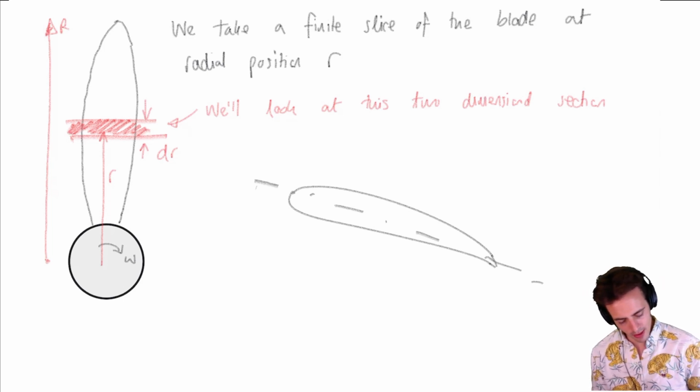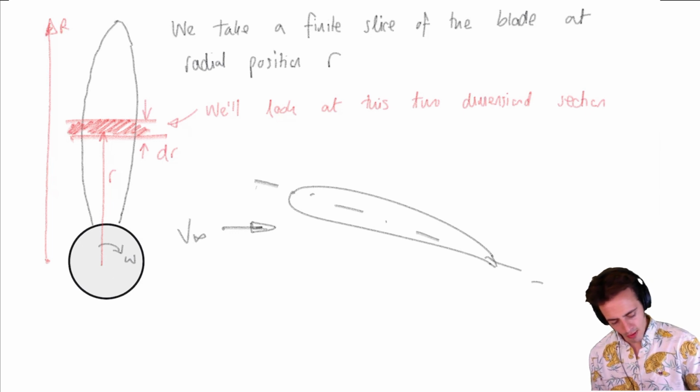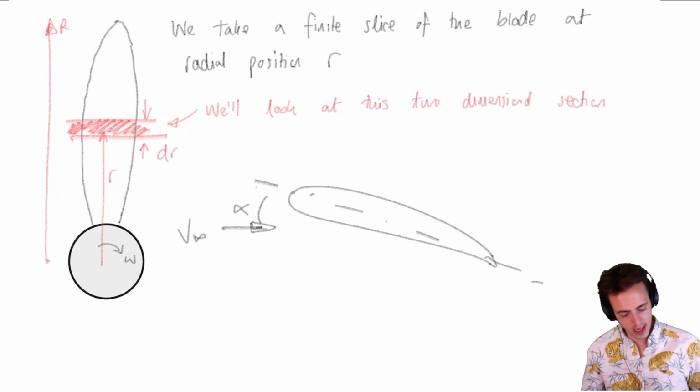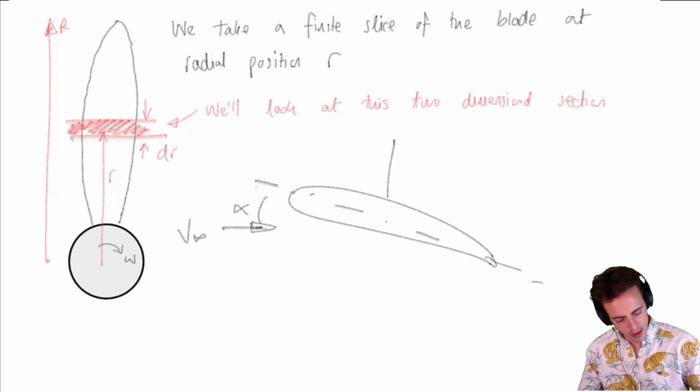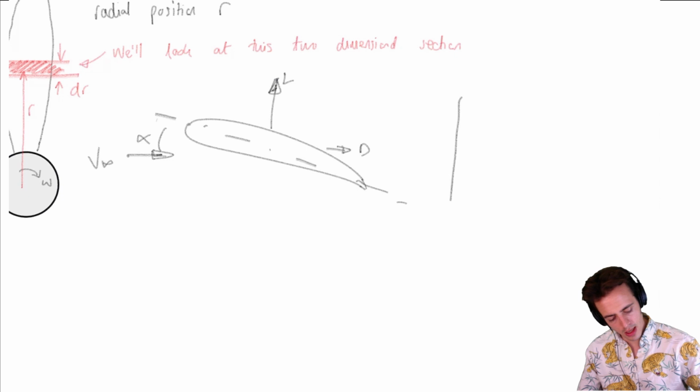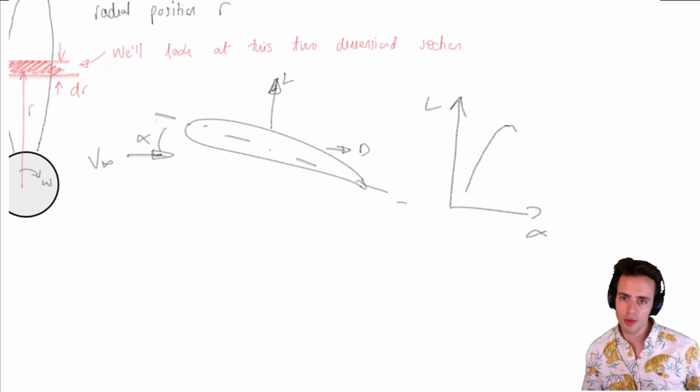We're not really looking at propeller stuff yet. This is just a bit of a reminder. We've got some oncoming velocity, v infinity, at some angle of attack. So we have a lift and a drag. So if we were to look at the lift versus angle of attack, we would expect our lift to increase until it doesn't anymore and it stalls.